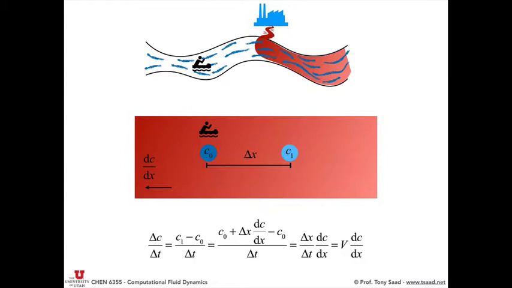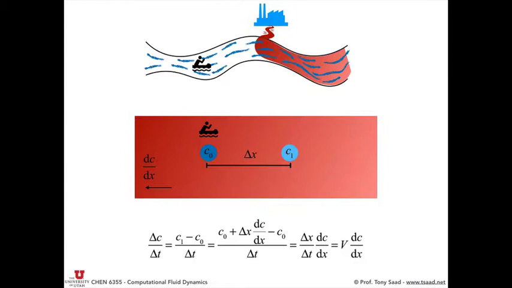Now, imagine this person on the boat starts measuring right over here. So they're going to measure a concentration C0, okay? And then when they hit this point, they're going to measure a concentration C1, because we know what these concentrations are, okay? Now, from the perspective of the person on the boat, I want to calculate the rate of change of their measurement of the concentration, delta C by delta T, okay?